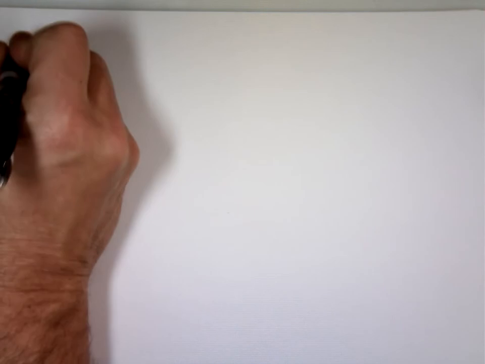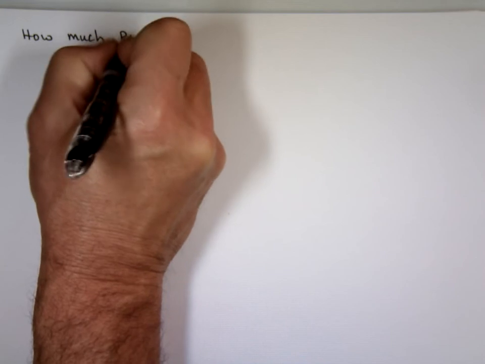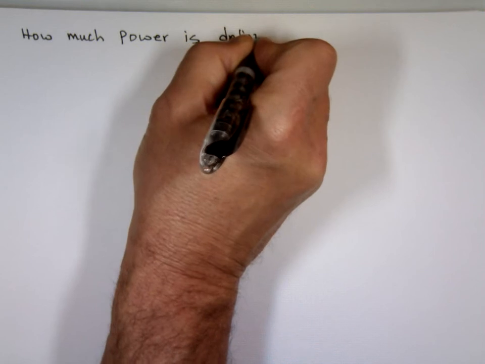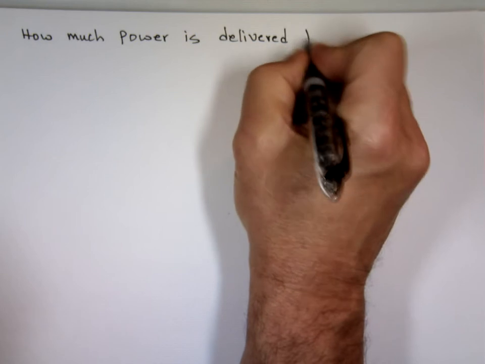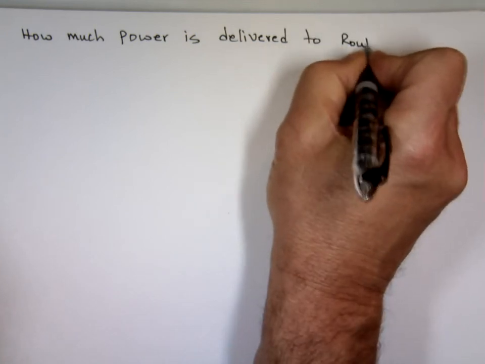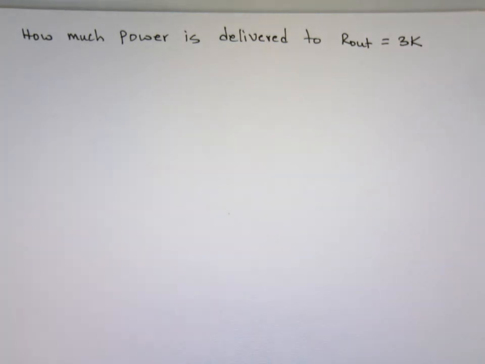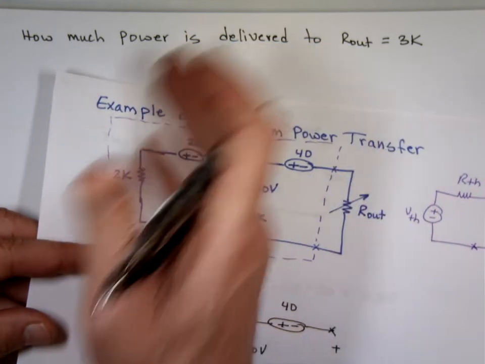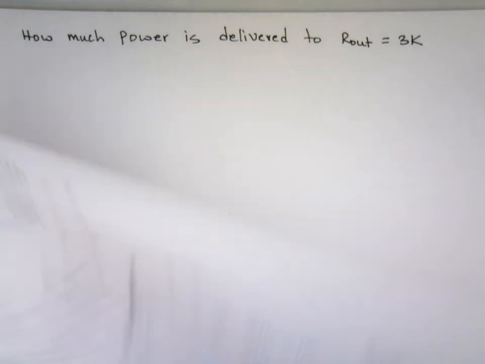How much power is delivered to R out if we make R out equal 3K? Well, guess what? The first half of the circuit is not changing, so I can still use the Thevenin equivalent of that. What's the Thevenin equivalent of that? Negative 35 and 1K, right?